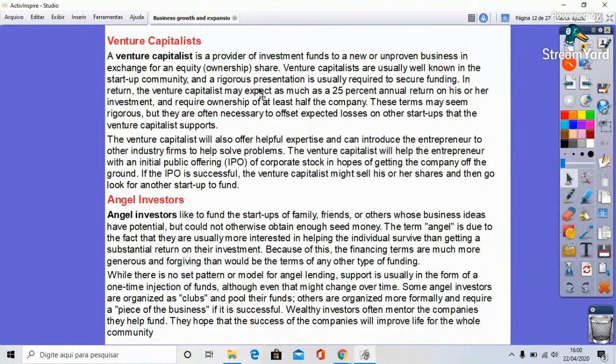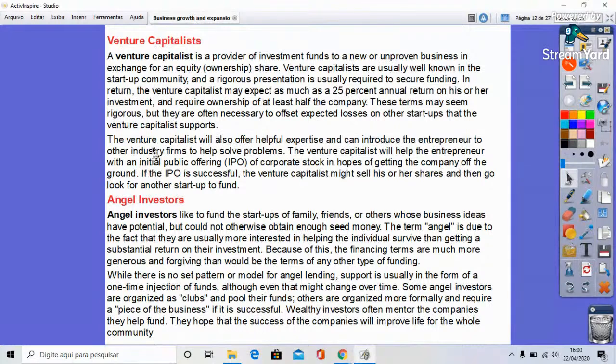So, okay, they want equity in the ownership. They want to own my company as well. In return, what else do they want? They may want as much as 25% a year on the money that they have invested. These are rigorous terms, but often they're very necessary for a person who has an idea but doesn't have money.